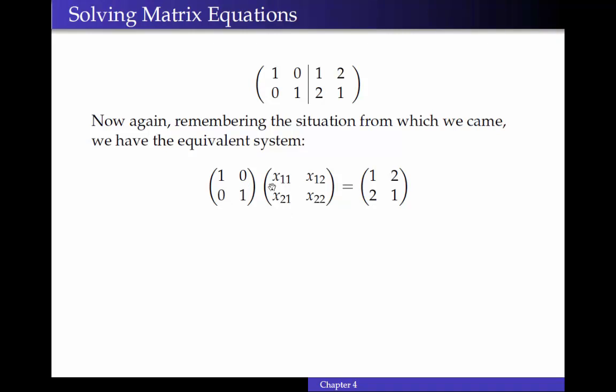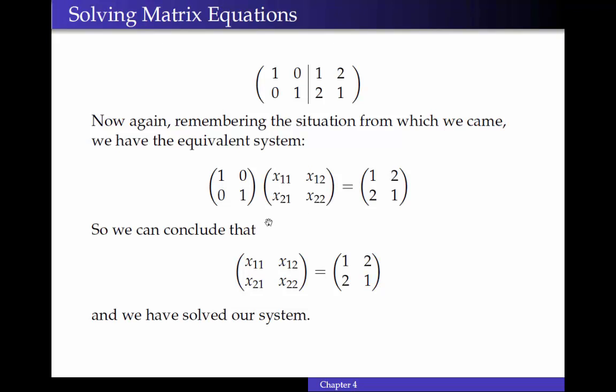What does this mean? Well, this is the identity matrix. If I multiply anything by the identity matrix, I just get that thing in return. So we can conclude that that X matrix is equal to what was left here on the right-hand side. And thus we have solved our system.